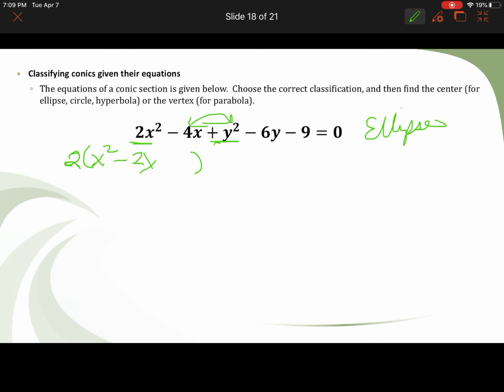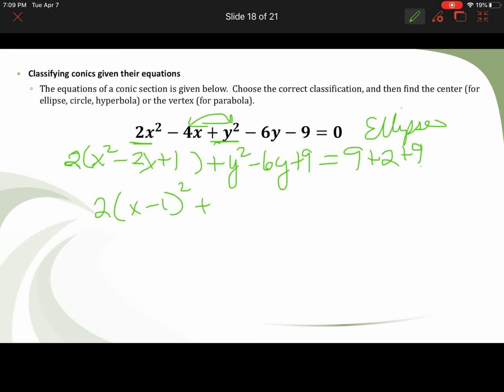Then I will have the y terms, and then I will put the 9 over here, and this will be a 1, and that means I added 2, so I'll add 2, and this will be a 9, so I'll add 9 over here.